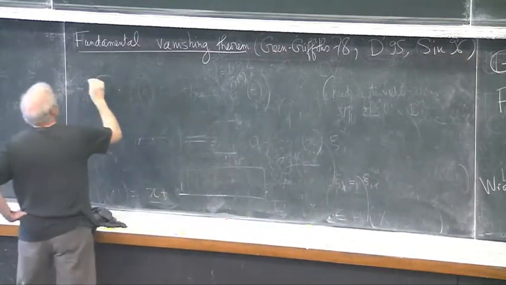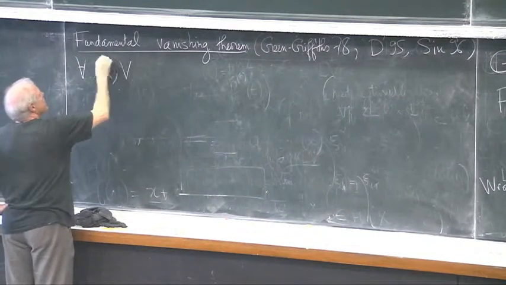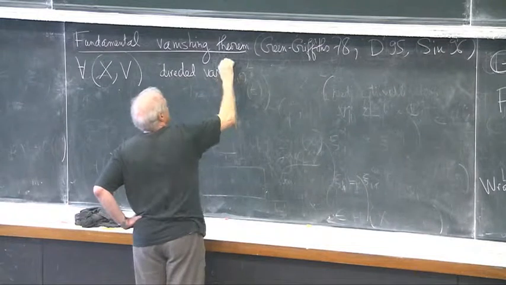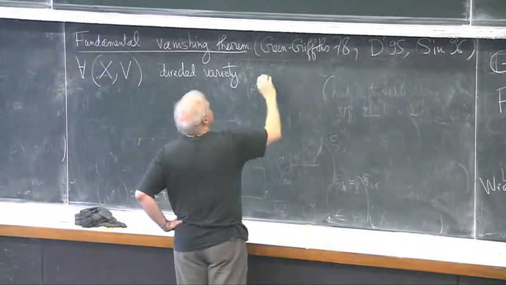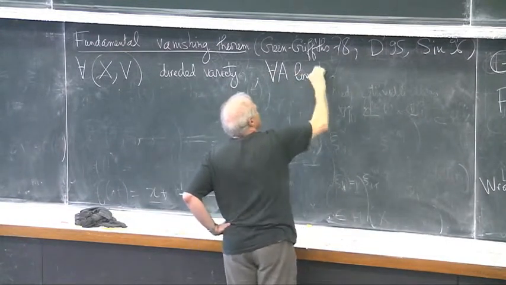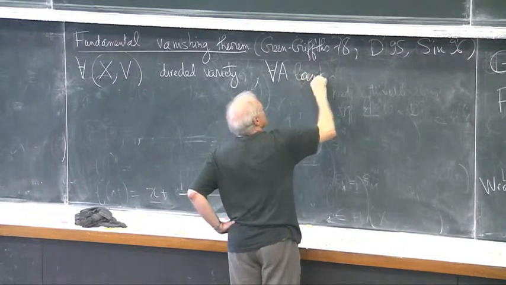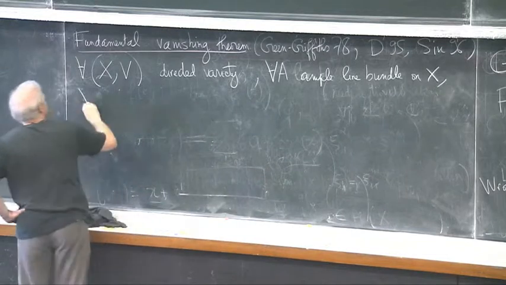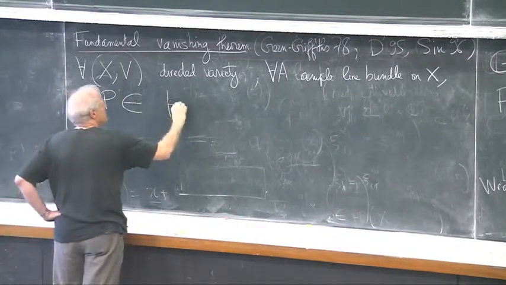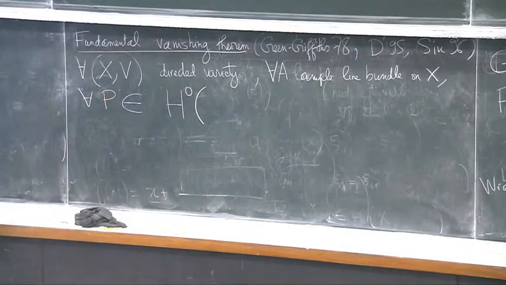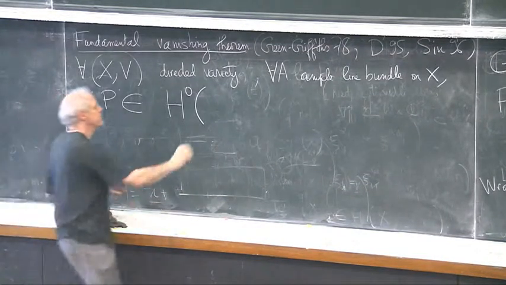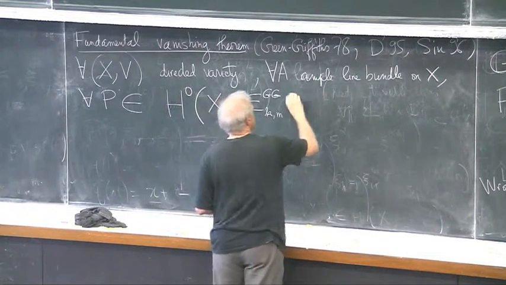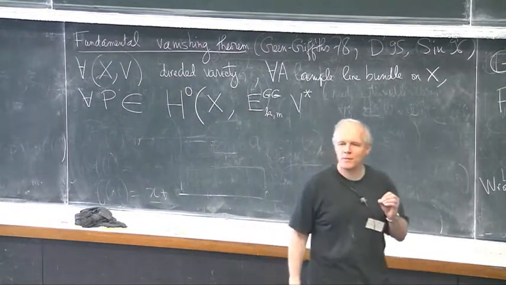So the statement is like this. For every, extremely general, for every directed variety, for every ample line bundle A on X, for every global section P, which is a global differential operator, but you need a little bit of strict positivity in the curvature.